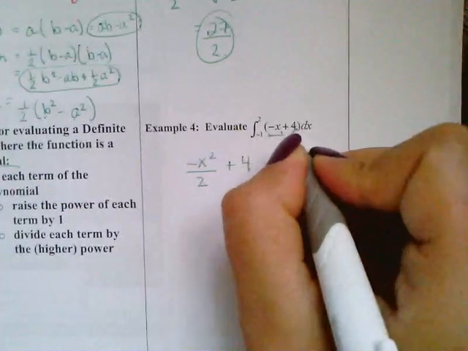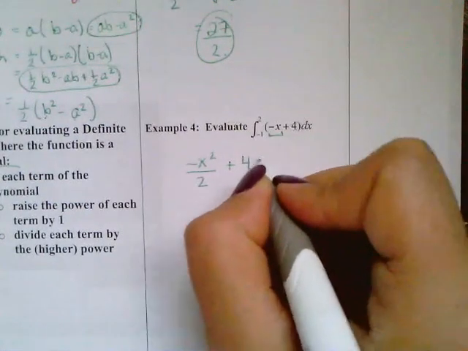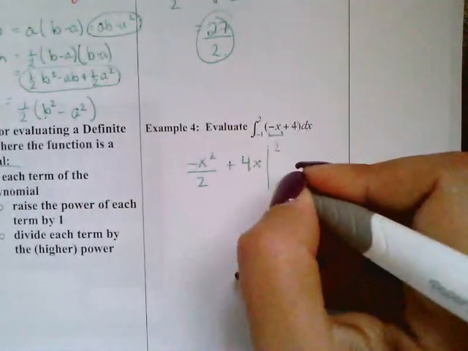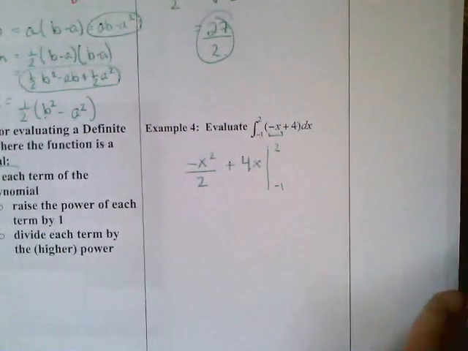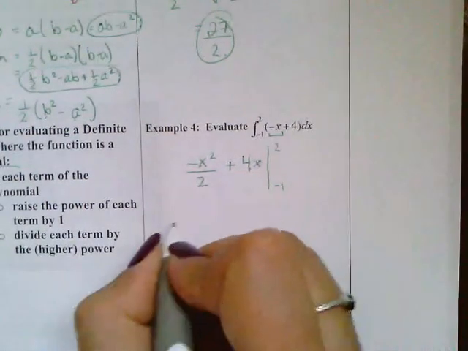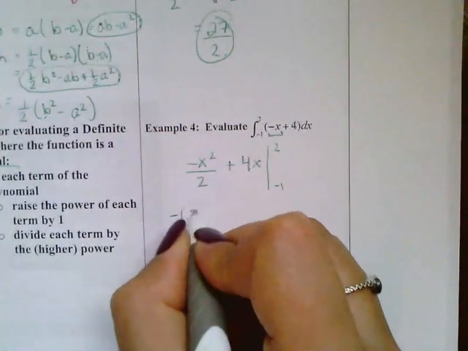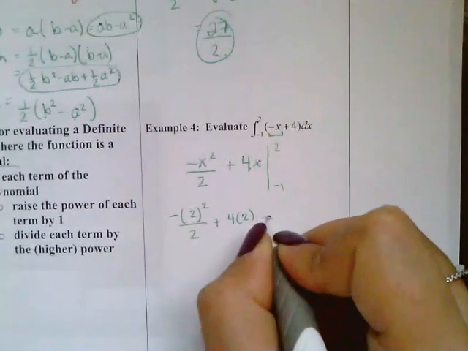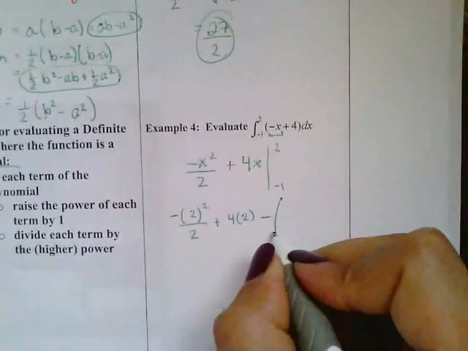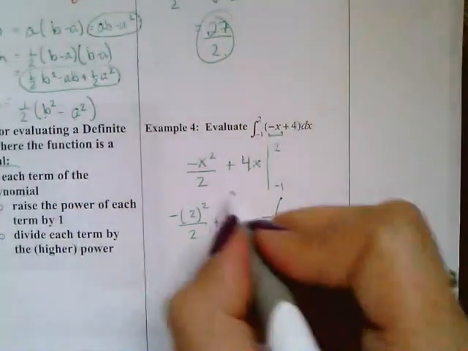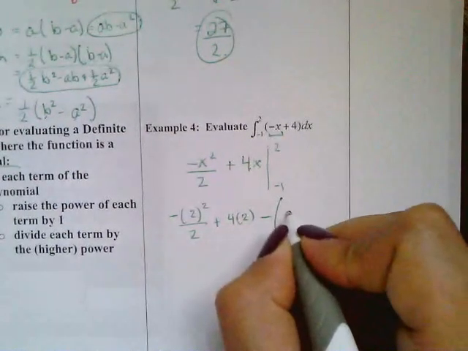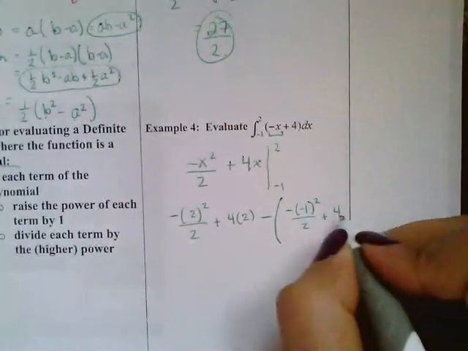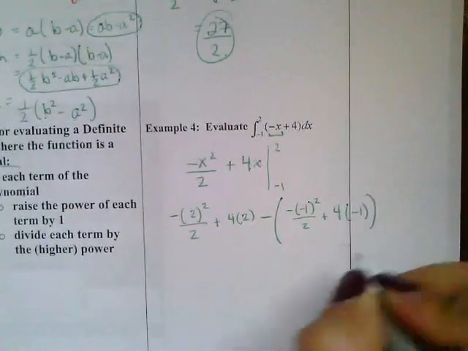Plus 4, let's raise the power by 1. So right now the power is 0. It's going to be raised to 4x. And we're going to take it from upper limit 2 to the bottom negative 1. So let's plug in. So this is 2 squared over 2 plus 4 times 2 minus, very important to put this parenthesis over here because you are going to be subtracting multiple terms, and then negative 1 squared over 2 plus 4 times negative 1.